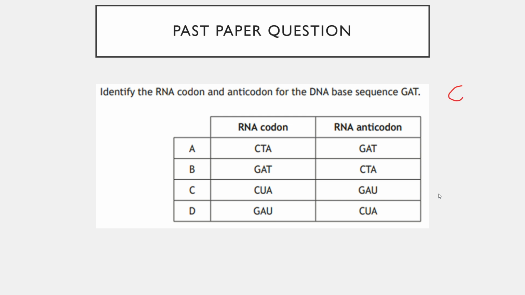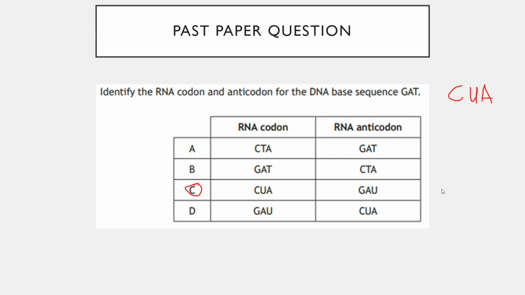So let's work it out together. If there's a G on the DNA, that means a C would be added to the mRNA. If there's an A, a U, and T, an A. So that must be your codon, with three bases added to the mRNA. So it must be C out of these options.